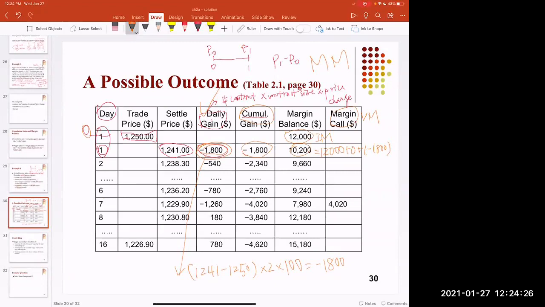Next day, day two. The settle price for day two, which is the ending price, is 1,238.3. And what's the beginning price for day two? The beginning price for day two is the end price for day one.